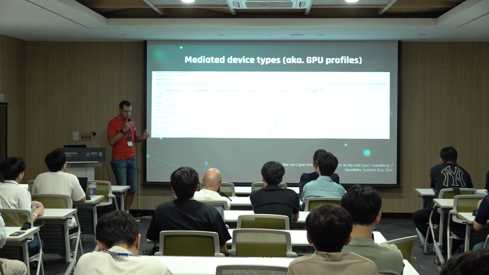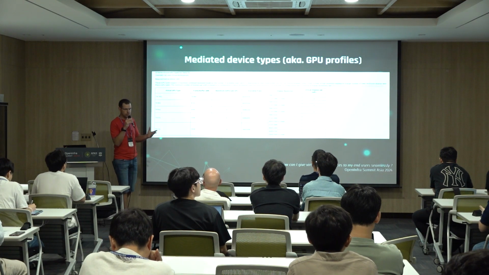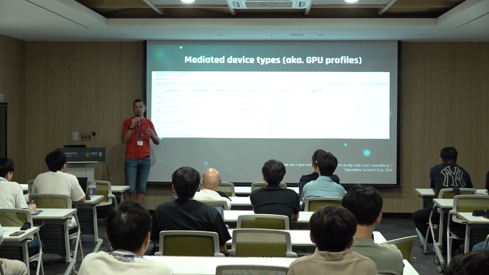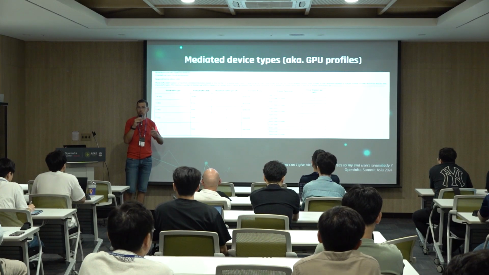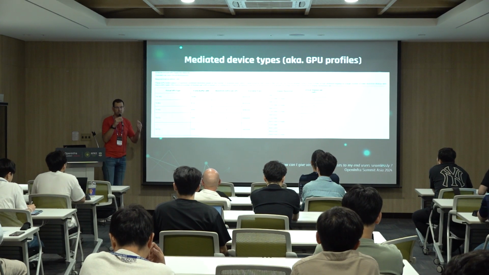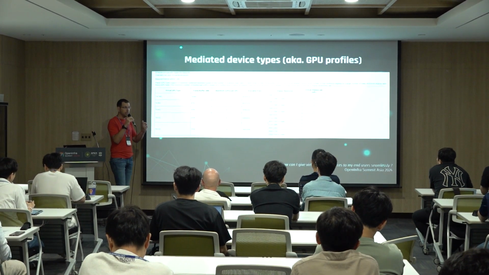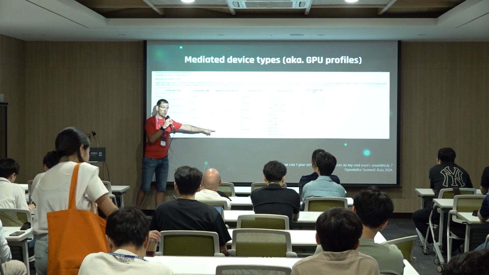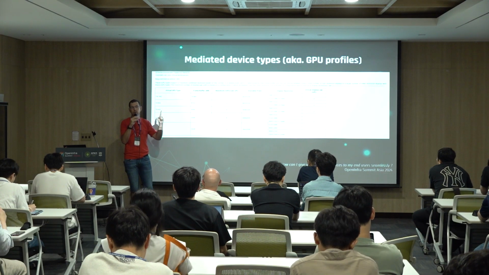So for example, with nVidia, you have different GPU profiles. For a single GPU, you have different types of virtual GPUs you can create. For example, in the case of a T4 card, you can choose to create either 16 virtual GPUs or only one single virtual GPU.